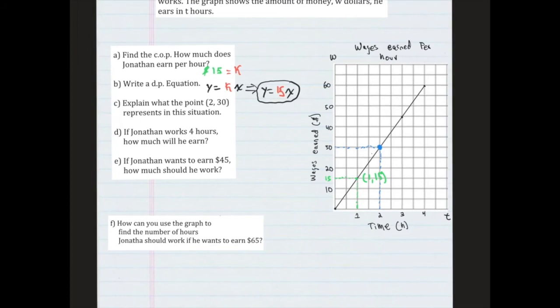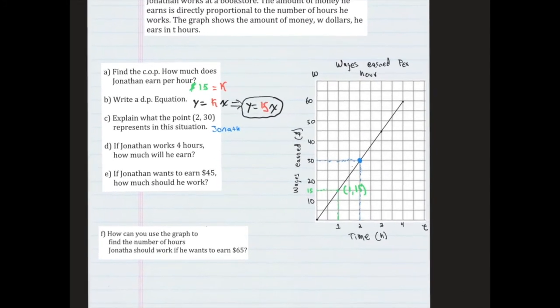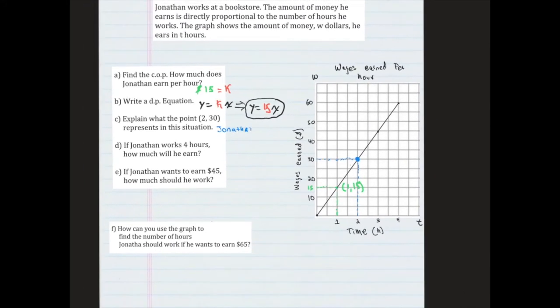So to explain what that point represents is that if Jonathan works for 2 hours, he earns $30. So Jonathan earns $30 for working 2 hours.